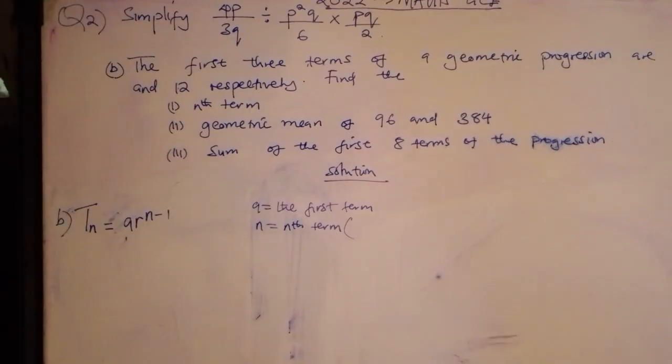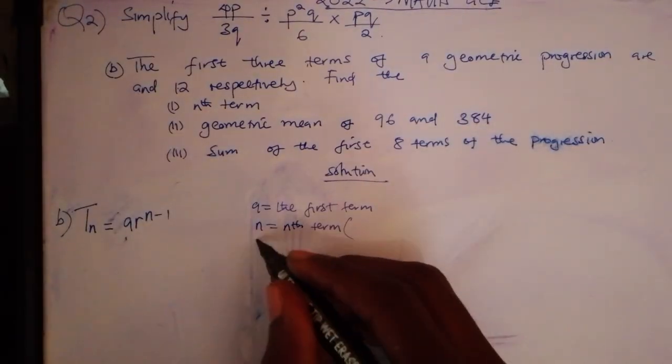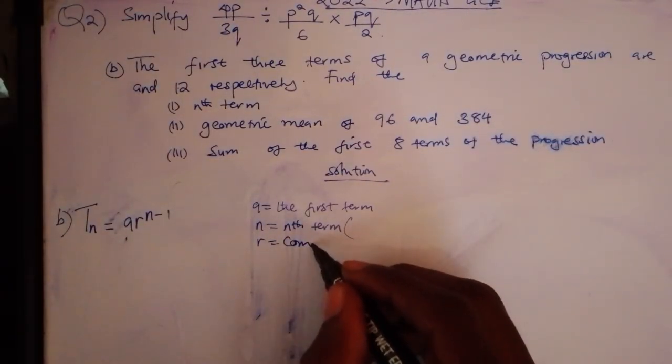Whenever you are hearing those terms, that's the meaning of the nth term: the position at which the number we want is at. So for example, 3 is at the first position, so our n is 1. 6 is in the second position, meaning our n is 2. Just like that. Then our r is our common ratio.